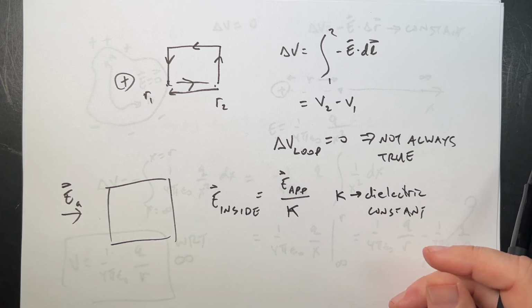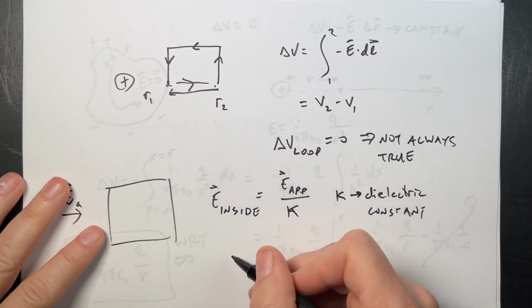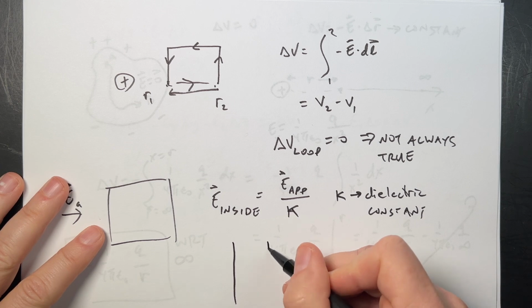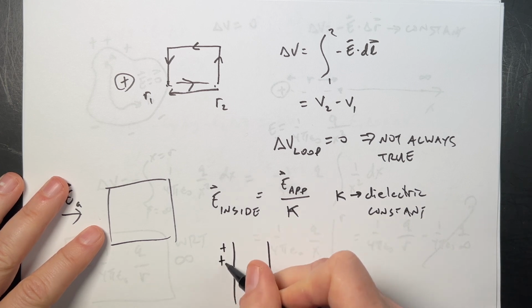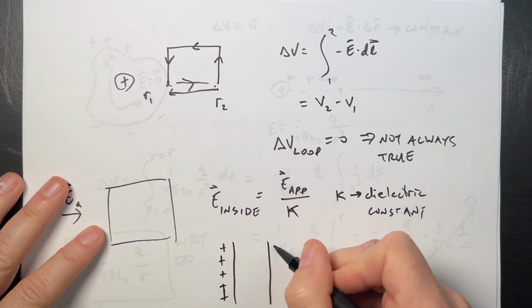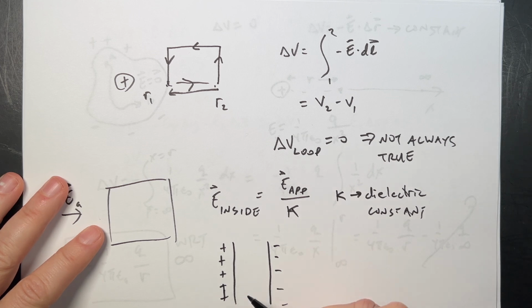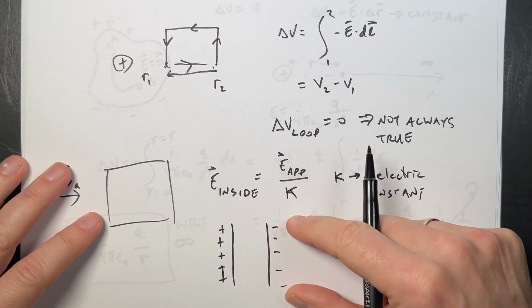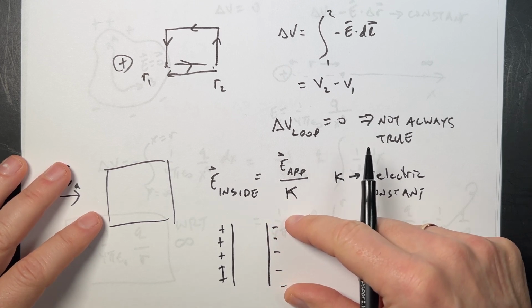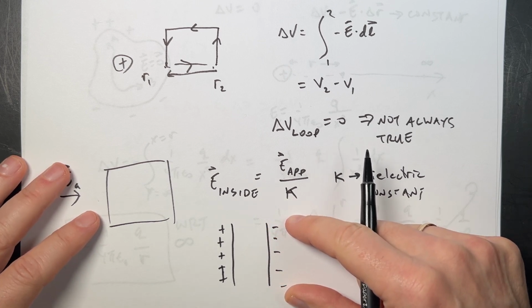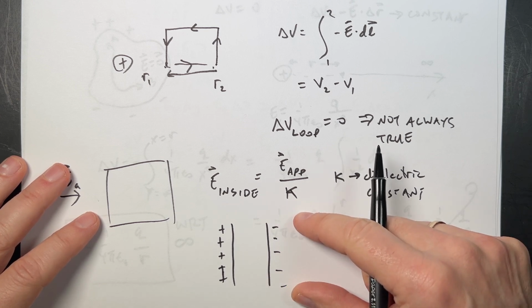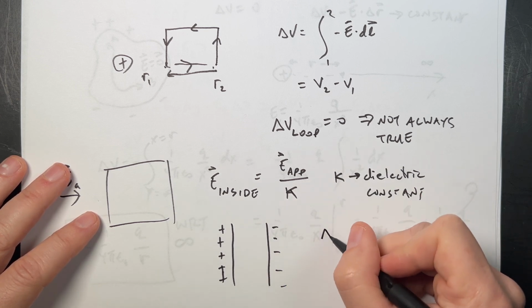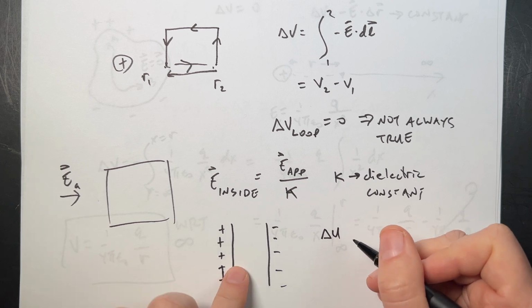Now I just want to talk about one other thing, and I'm not going to go through the derivation, but the basic idea is, suppose you have a capacitor like this. We know that it makes a constant electric field. And suppose I want to pull this plate out a little bit. Well, I'm going to have to apply a force to that, and it's going to move a distance. So if I apply a force, I can calculate the change in potential energy due to the force.